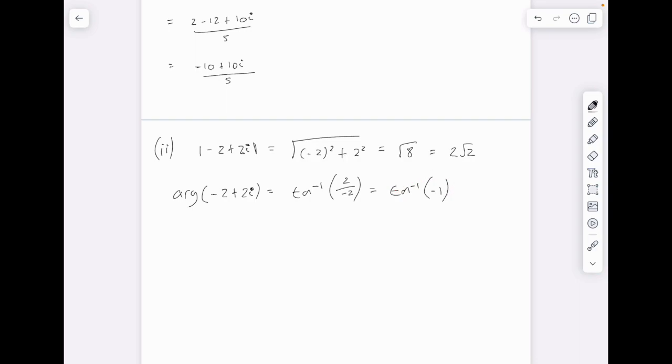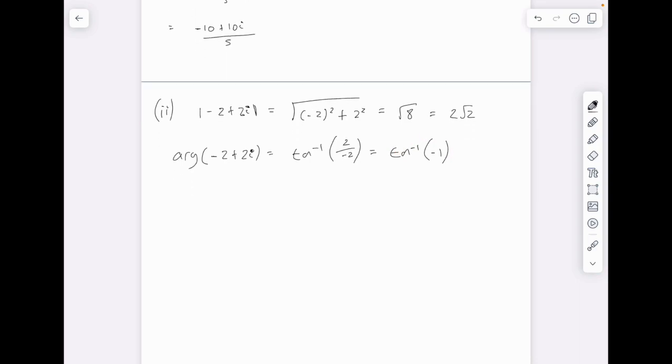From this, we can say that the basic angle is going to equal pi over 4, because tan of negative 1 gives pi over 4.